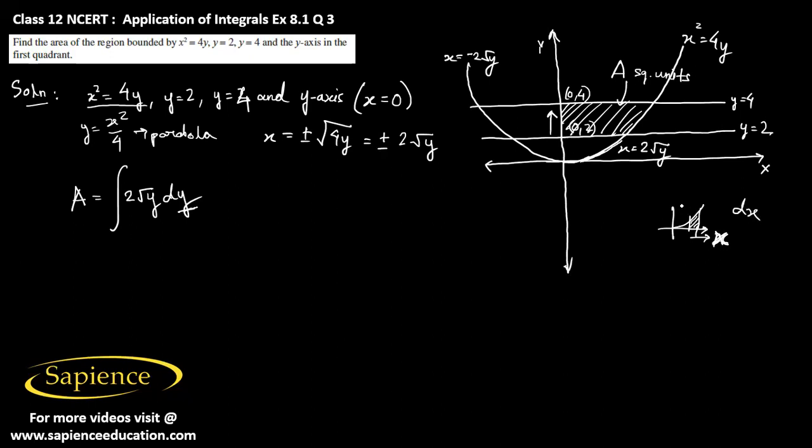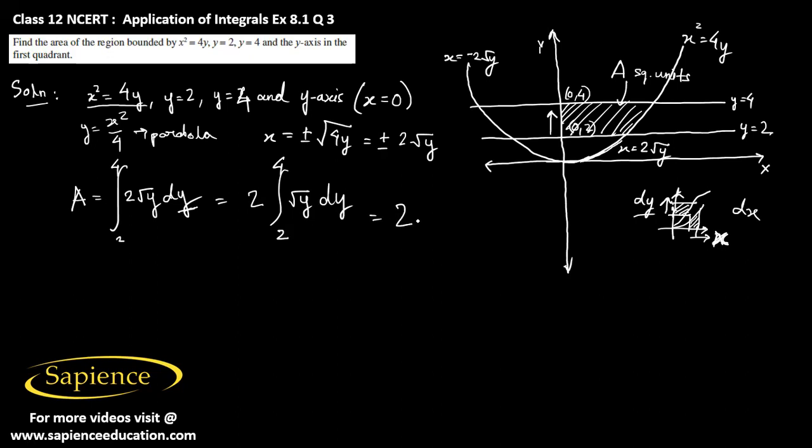And if we have some curve, say like this, where we have to integrate along the y-axis, then we should use dy instead of dx. So here the limits of y go from 2 to 4. So that will be 2 integral of root y dy, going from 2 to 4.